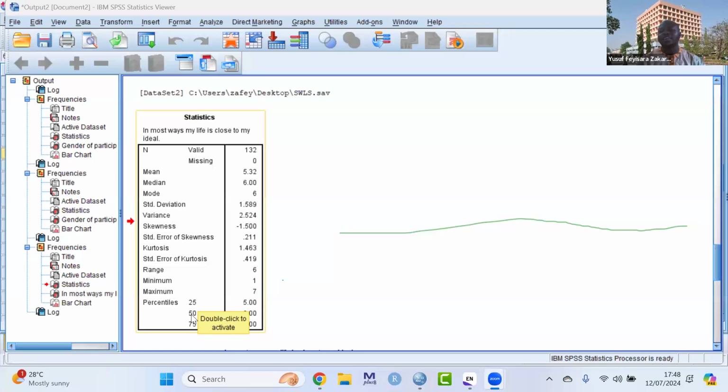The 50th percentile is the same as the second quartile, which is the same as the median. Amazing. So that is the end of the distribution of this table, or the interpretation of it.